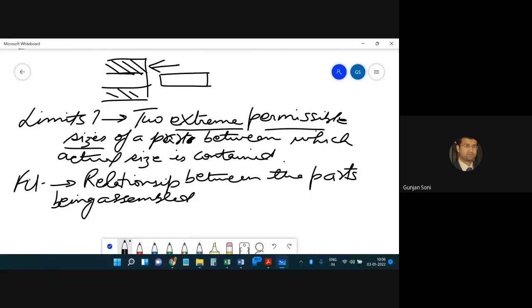So before assembly, it's not like we are going to bring parts together and check whether they will fit each other or not. No, it has to be done before. The fit has to be established before assembling.